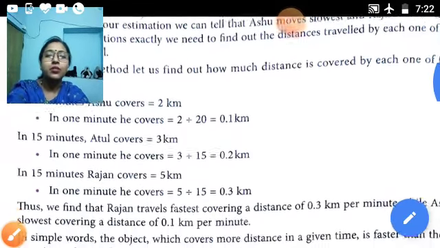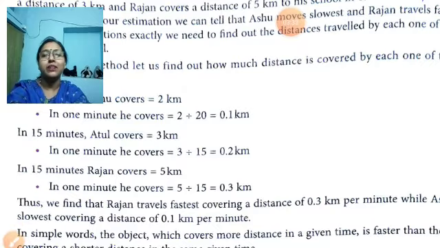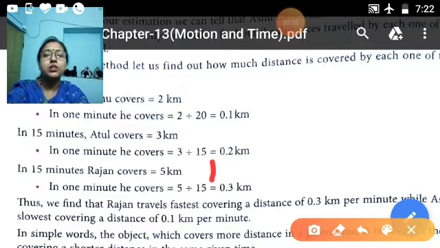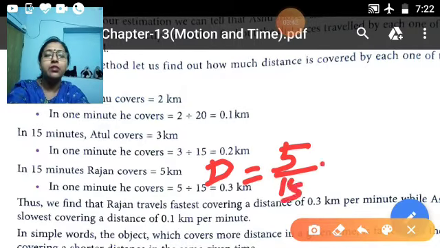Next, in 15 minutes, Rajan is covering 5 kilometers. So in 1 minute, how much distance does he cover? 5 divided by 15, which will be 0.3 kilometer.